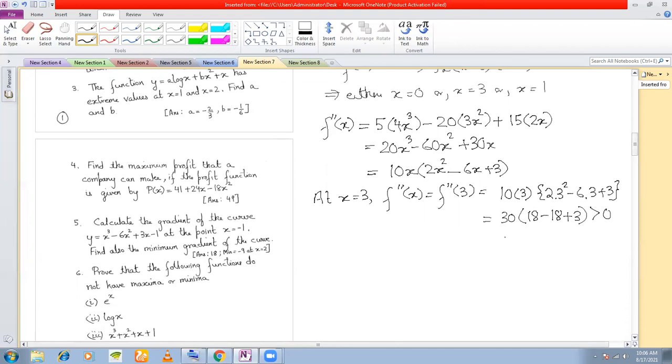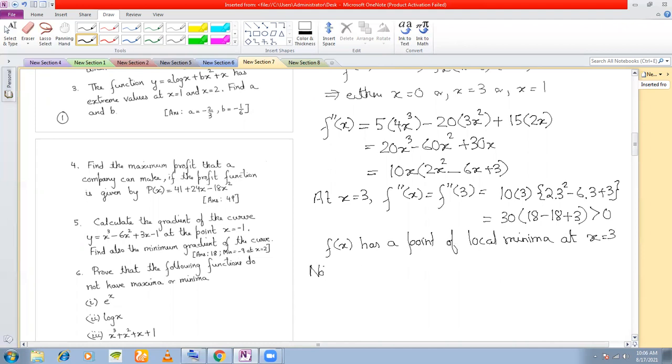So that means f(x) has a point of local minima at x is equal to 3.